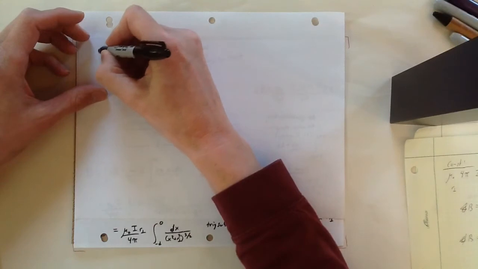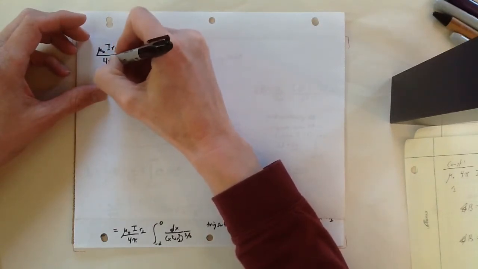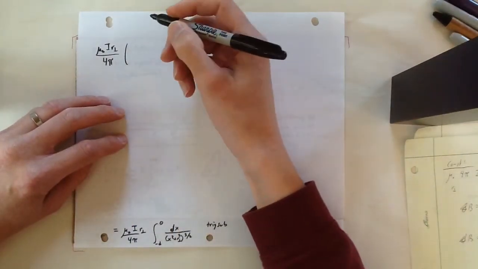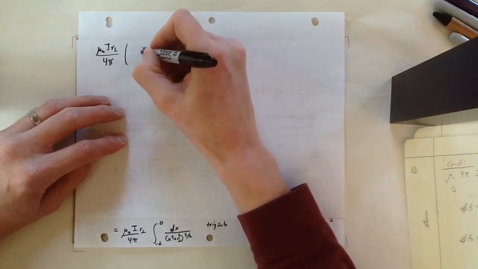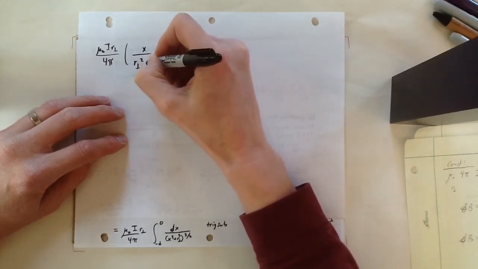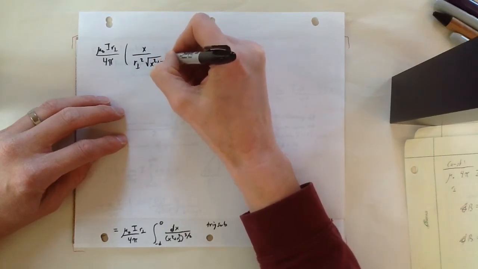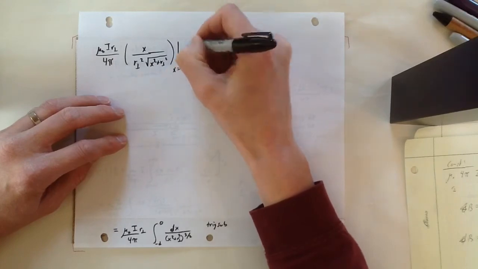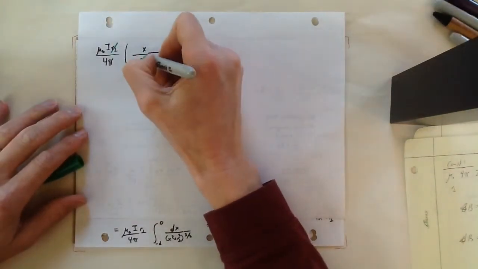We have mu naught I r perpendicular over 4 pi, and then this result comes out to be, let me just copy it from the integration table, x over r perpendicular squared, square root of x squared plus r perpendicular squared, and of course I still have to evaluate it from minus d to 0. And before I even do that, let me let these two cancel a little bit.